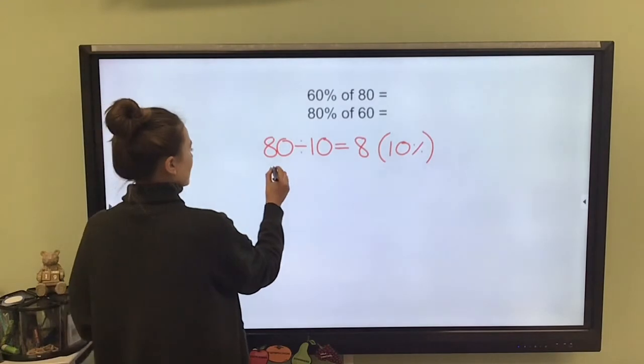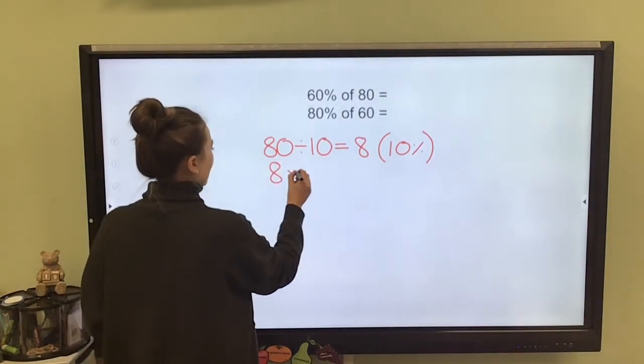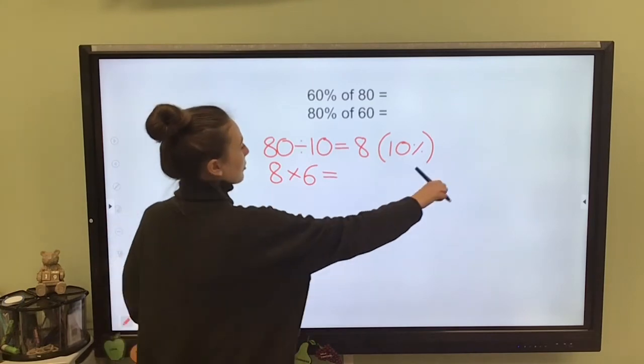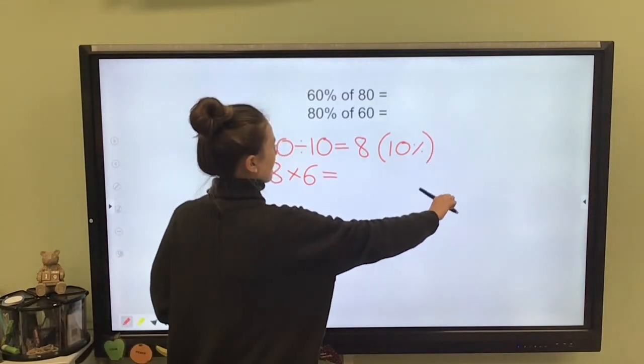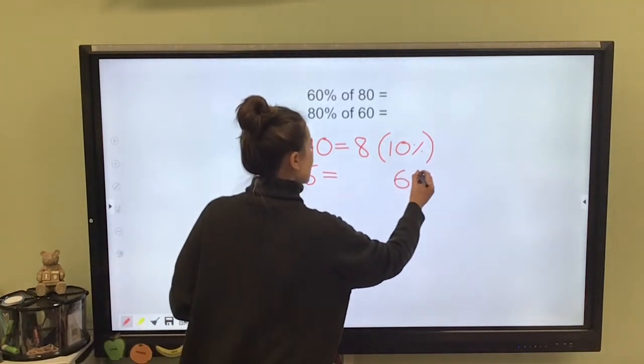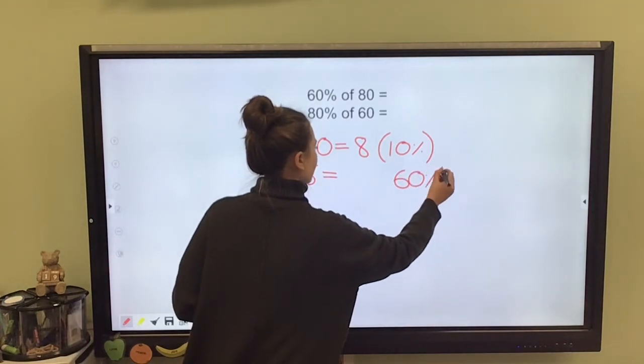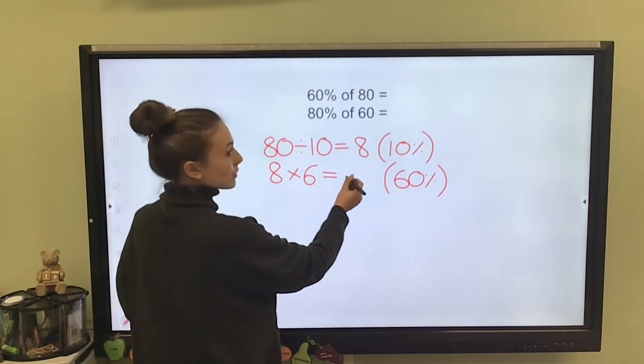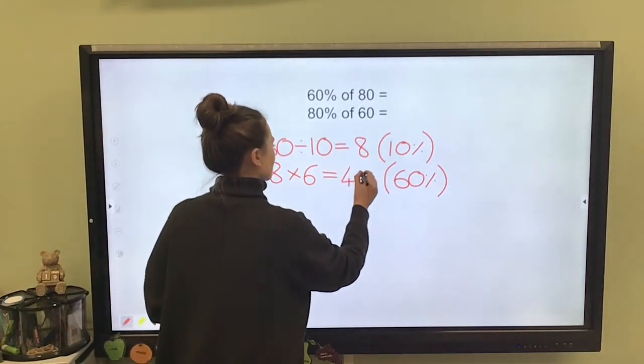Then all we need to do is take our 8 and multiply it by 6, because that will be 10% multiplied by 6, which will give us 60%. So 8 multiplied by 6 equals 48.